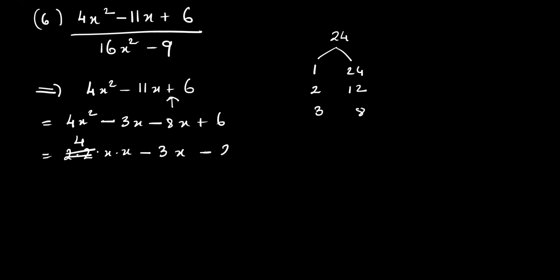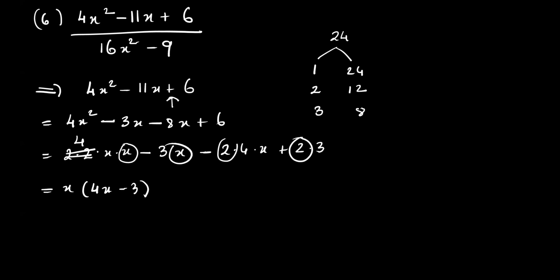Minus this, I'll write as 2 into 4 into x, and 6 as 2 into 3. Here I can take only x common, so we get 4x minus 3. And here we'll take 2 common, minus 2. Since minus has gone out, the middle sign will change to minus. And I'll get 4x minus 3 and x minus 2.